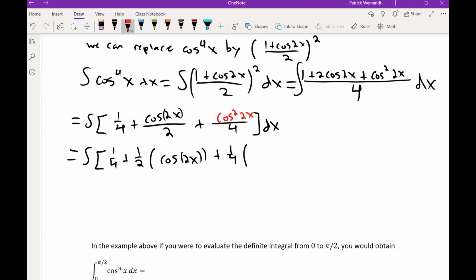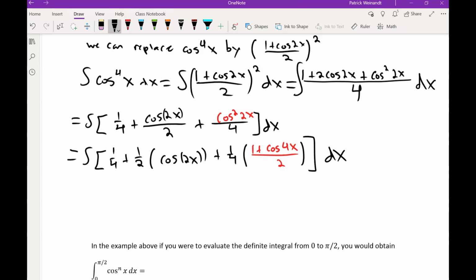So if we have cosine squared of 2x, that should be equal to (1 plus cosine of 4x) over 2. So we're going to apply that half angle rule. This is 1 plus cosine of, well, it would normally be 2x if it was just a single x, but we have 2x, so multiply that by that. So we get cosine of 4x over 2. We kind of did two things there in this cosine squared of 2x over 4. We first factored out that 1/4, and then we rewrote it using that half angle identity.